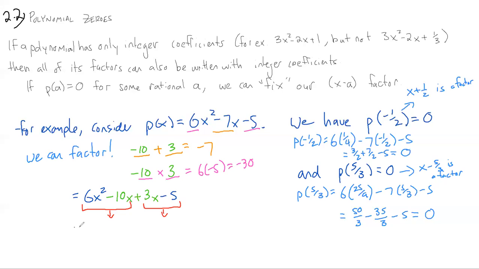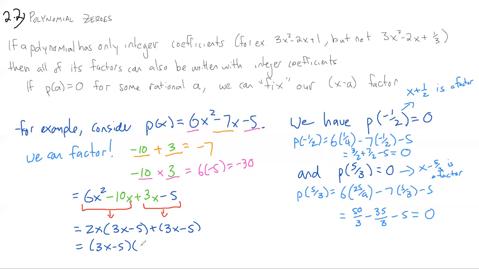If I take out the greatest common factor from the first two terms, I can get a 2x, and then I'd have a 3x minus 5. And if I've done it correctly, the other term, when I pull out the greatest common factor, should be the same thing. Now they both have a common factor of 3x minus 5.